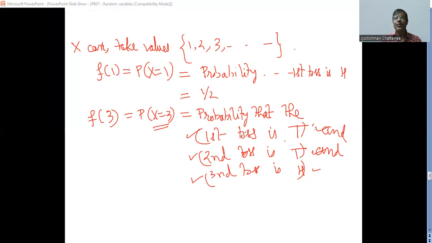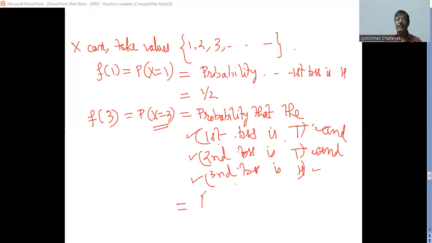So the probability of these 3 events happening simultaneously, that is the probability of the intersection of these 3 events, must be equal to the product of the probabilities. I repeat, the probability of the intersection of these 3 events must be equal to the product of the individual probabilities because they are independent.